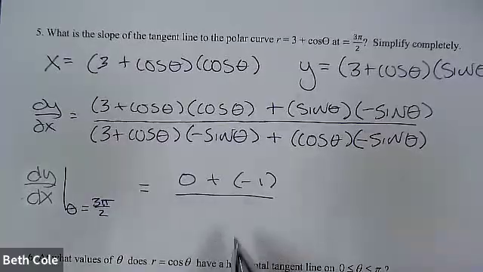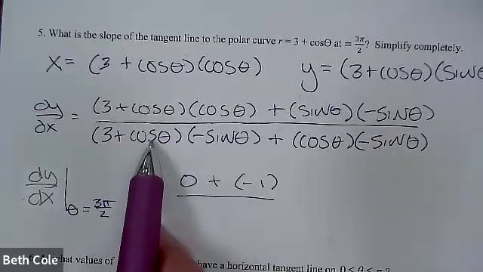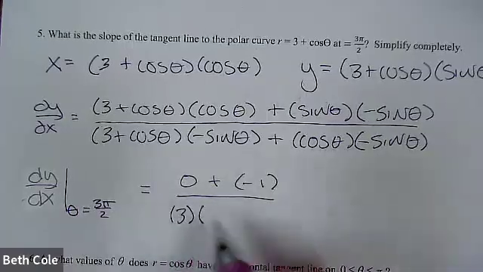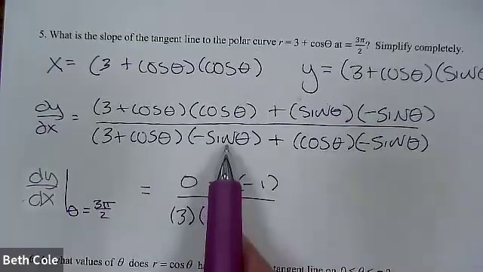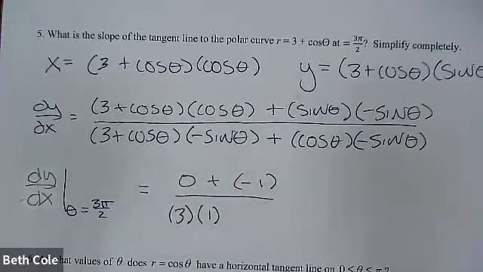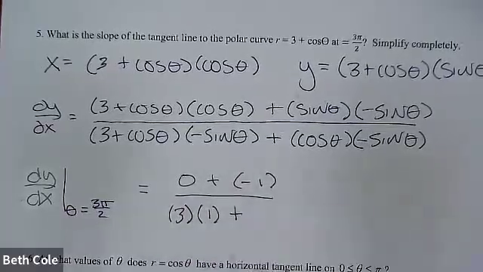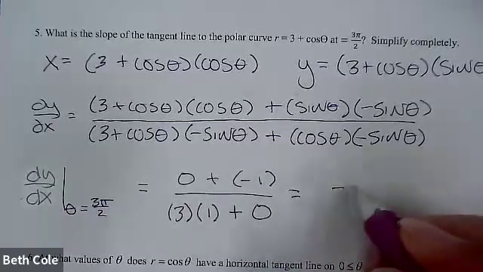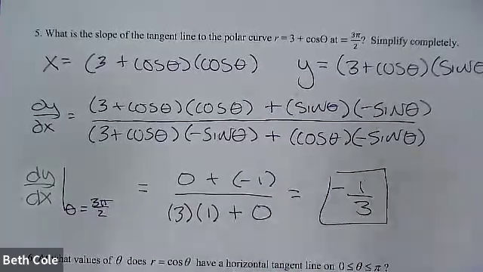All right, and then in the denominator, again, cosine of 3 pi over 2 is going to be 0, plus 3 would be 3. Sine of 3 pi over 2 is negative 1, but the negatives cancel, so that'll just be 1. So actually that whole thing will just be 3. And then again, cosine of 3 pi over 2 is 0. So negative 1/3 is our final answer.